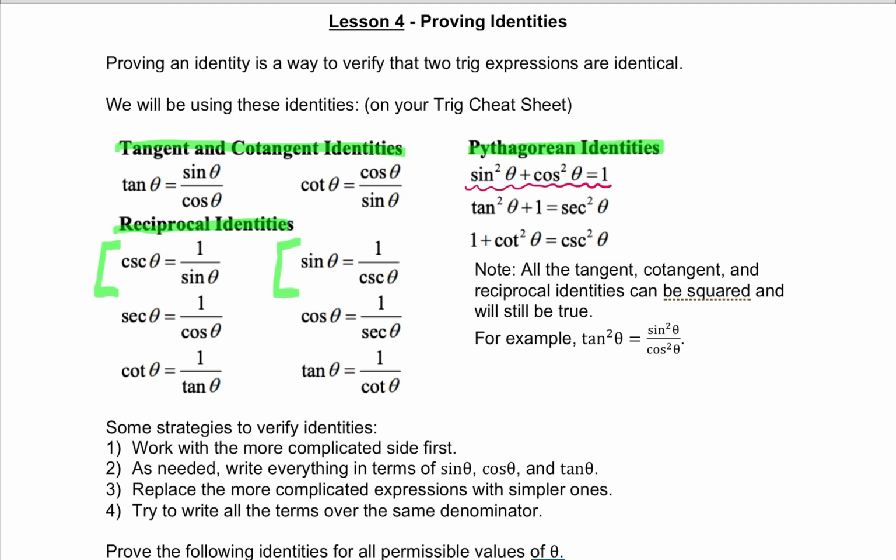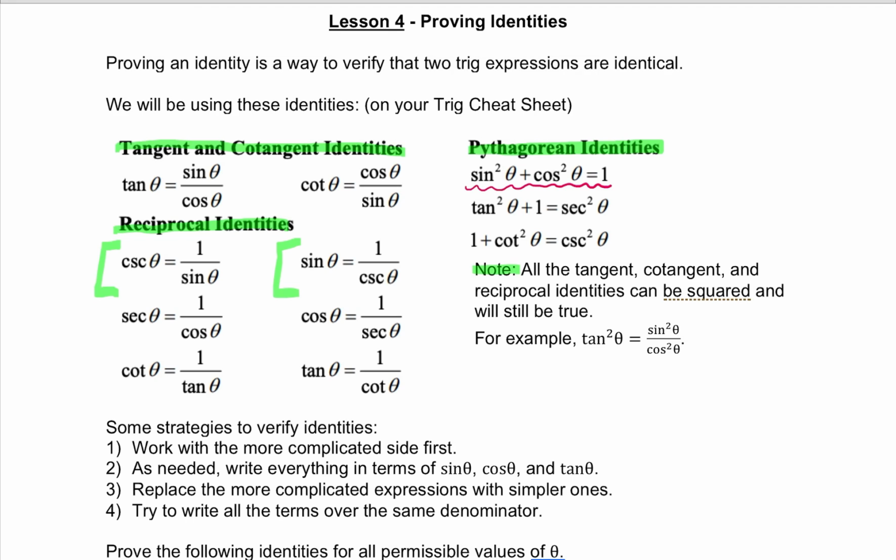The other identities under the Pythagorean identities are also really important. We're going to talk a little bit more about those as we start to approach questions with them. Just another note, though, that all the tangent, cotangent, and reciprocal identities can be squared and they can still be true. For example, we could say that tan squared theta is the same as sine squared theta over cos squared theta.